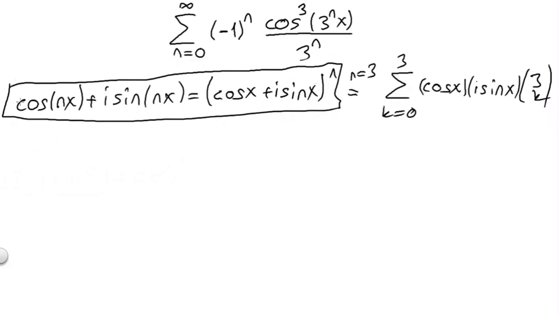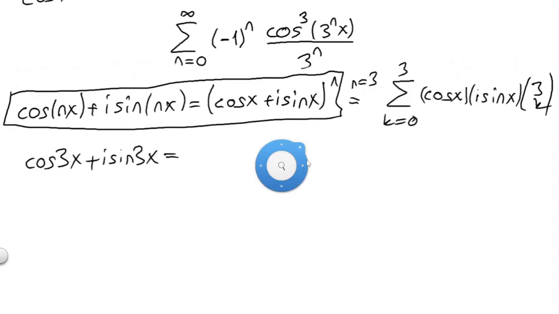So what I will find is that cosine 3x plus i sine 3x is gonna be equal to just this stuff, and I can open it.